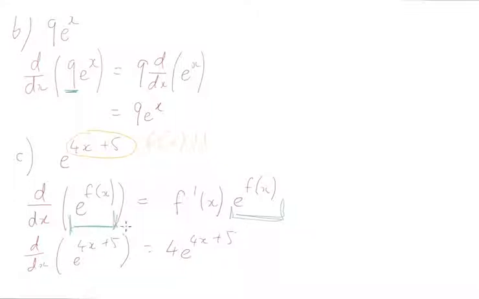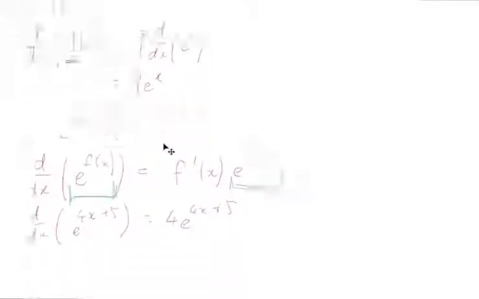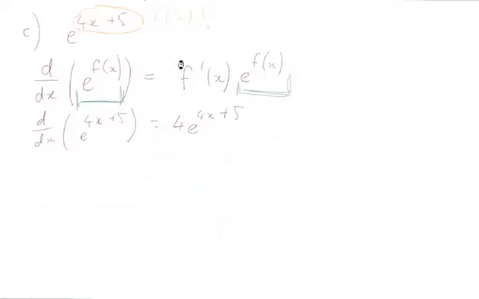Getting a little bit more difficult. Let's go down a bit. So if I take question D here, if I have something like x squared e to the 3x plus 2, here we now have a few things going on. To differentiate that, we have two functions.